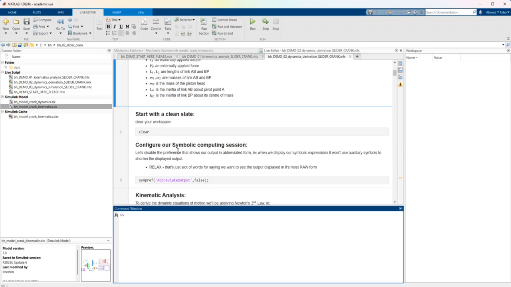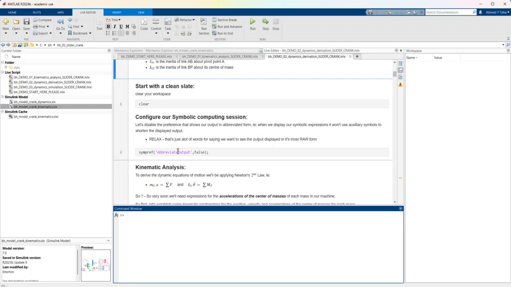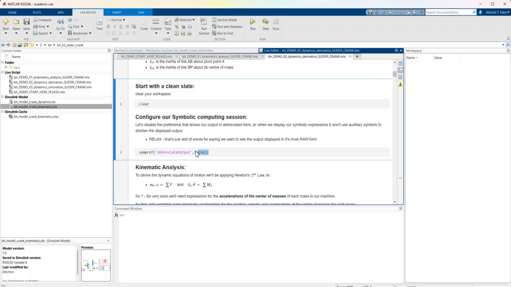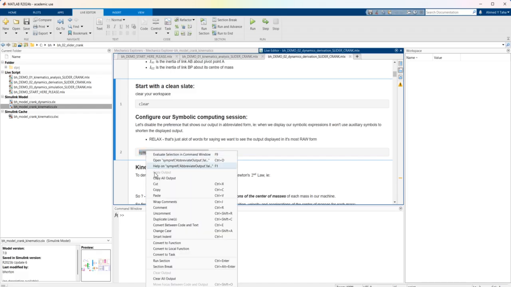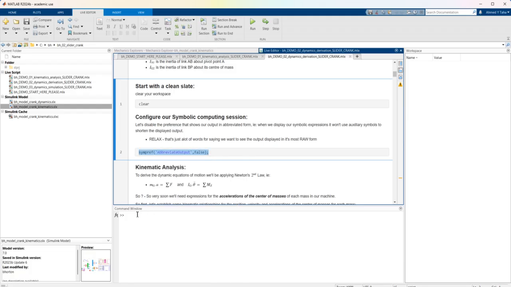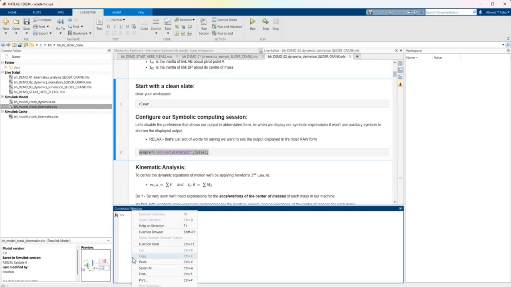So we cleared the things, and now we can copy, paste, enter. Now the answer ans = 1 has been shown. That's how we configure our simple computing session.